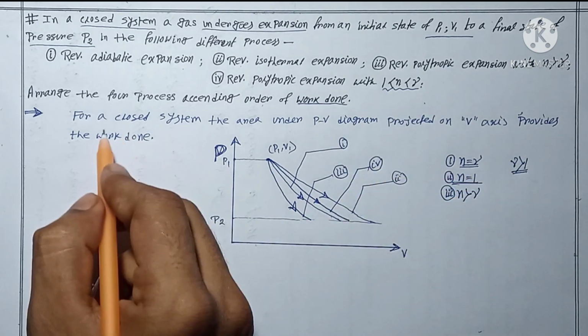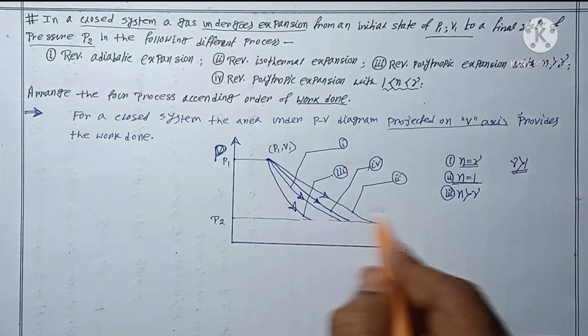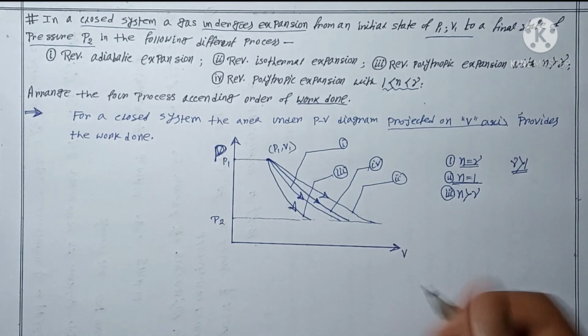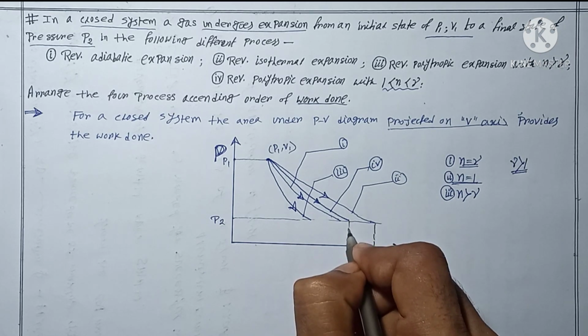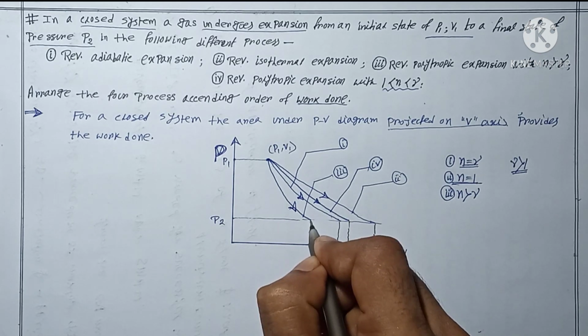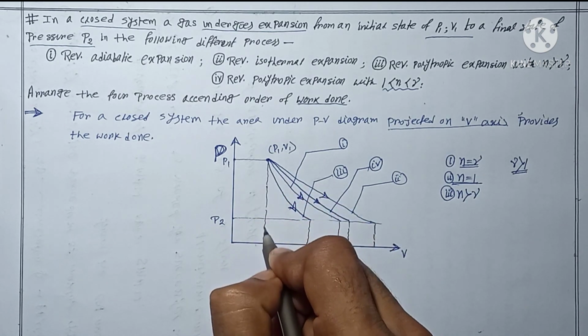Now here, projected on the v axis, these are the processes. If I project all the processes on the v axis, the area I get represents the work done.